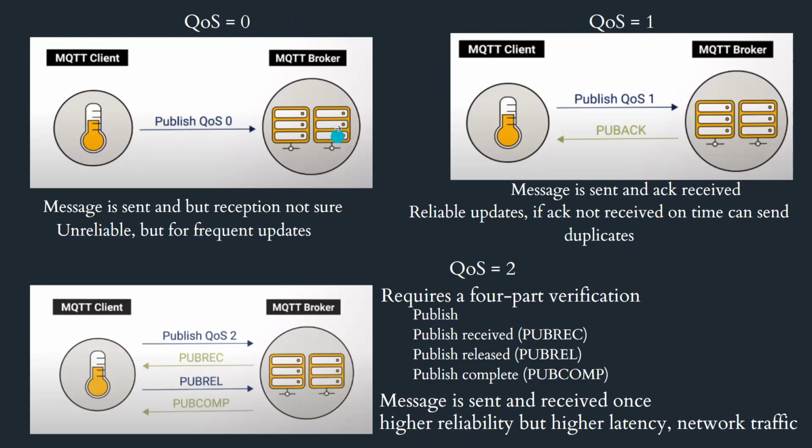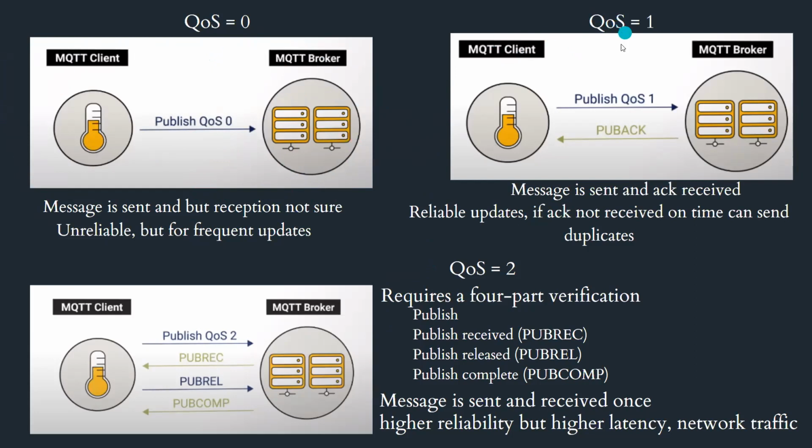In QoS level 0, you don't know whether the receiver will receive your data or not. That is the main feature of QoS level 0 when you compare it with the other two levels. What I mean is that you don't have an acknowledgement specifically defined for QoS level 0.